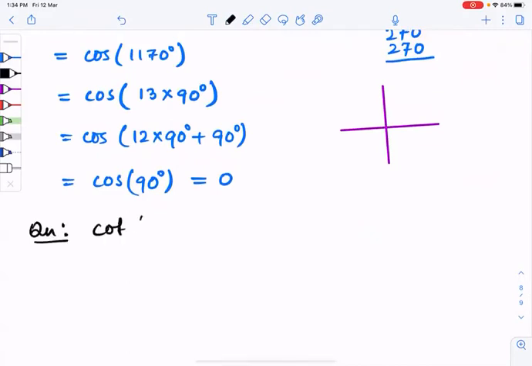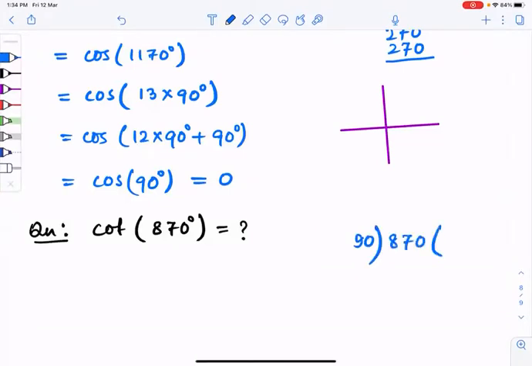Cot of 870 degrees. So 870 degrees equal to what? I have to divide by 90 and check what happens. If I divide 870 by 90, what will I get? 9, and the remainder is 60.